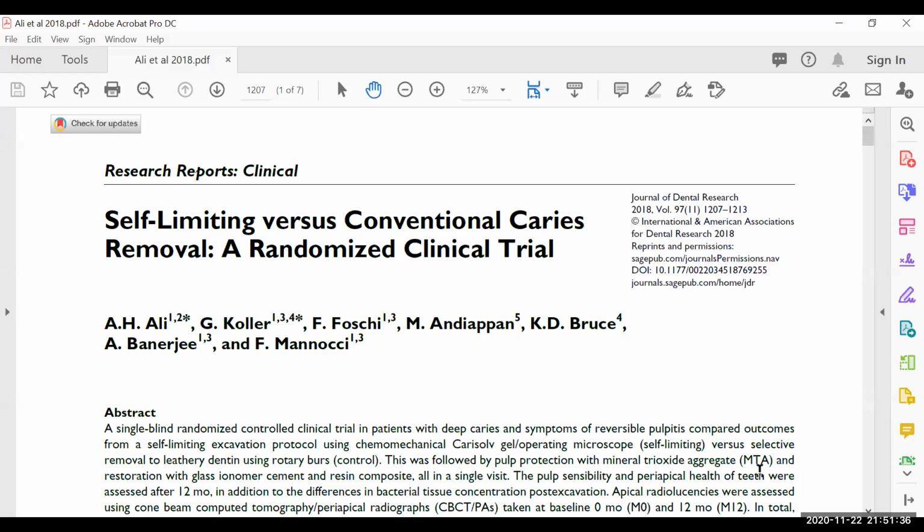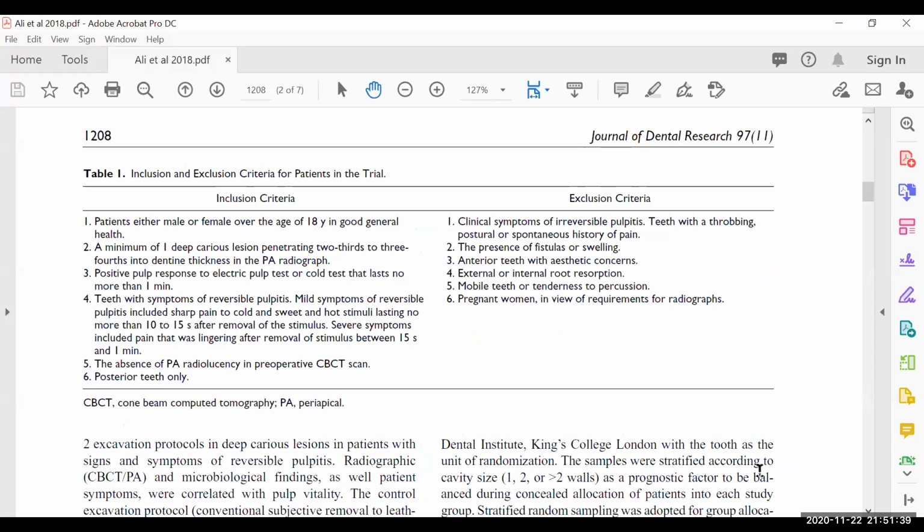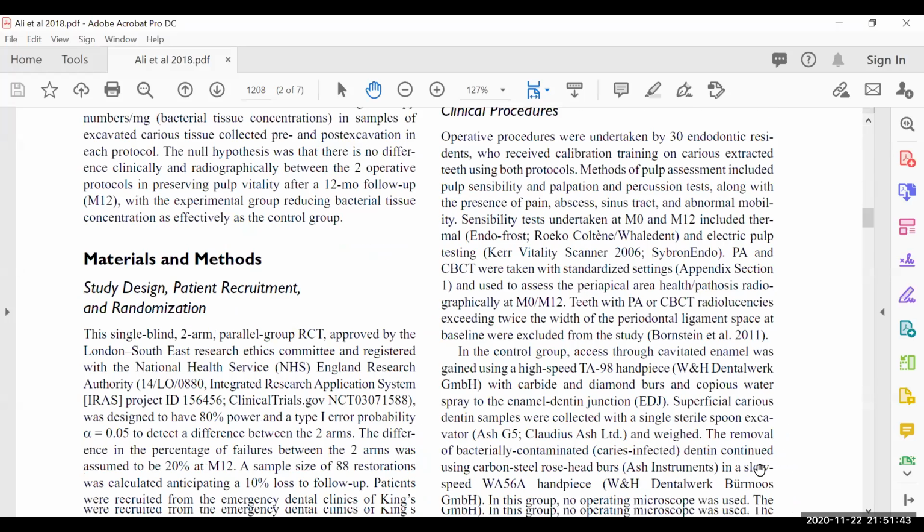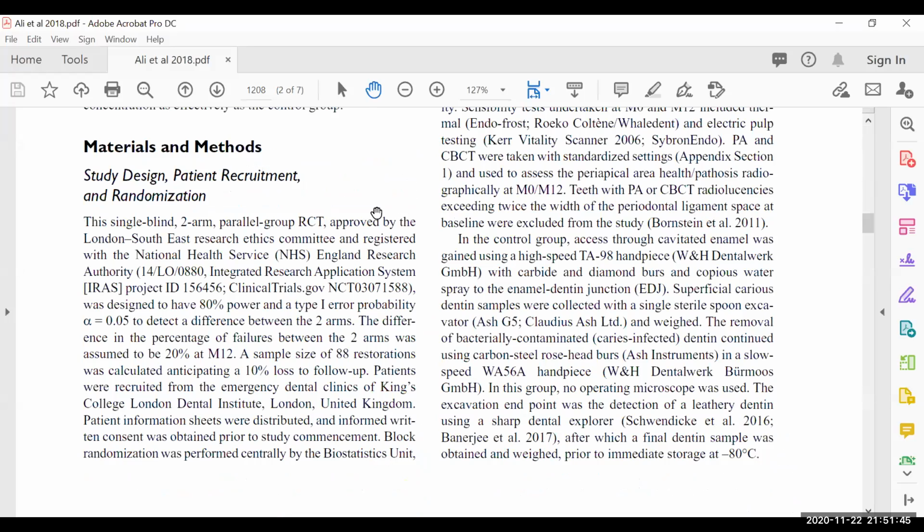If you can see here, in the materials and methods, you see a section called study design, patient recruitment and randomization. So this is single blind, which determines whether the patients and the operator are blind. Because we are doing an intervention, it was difficult for the investigator to be blind. So only the patient was blind.